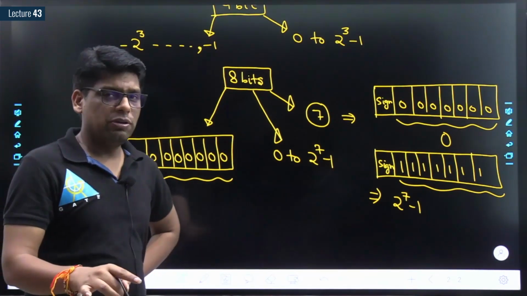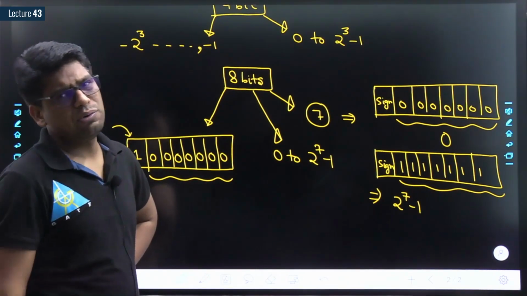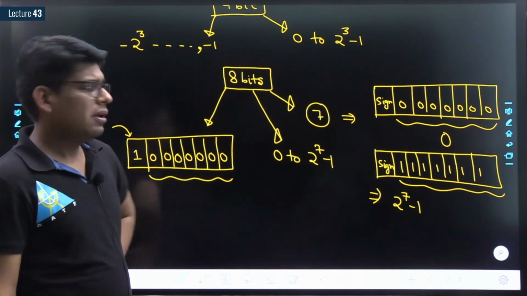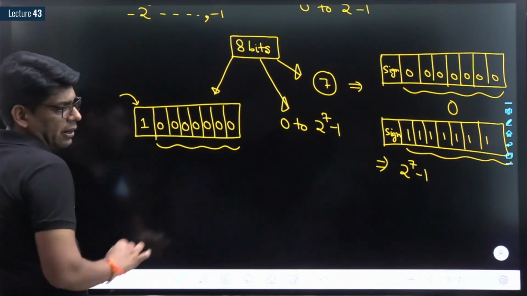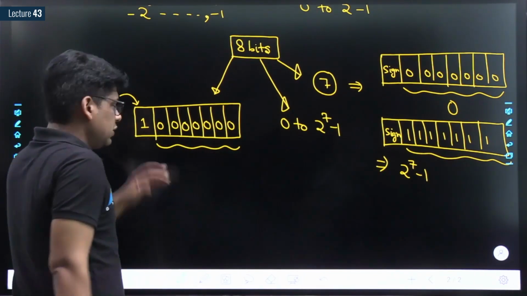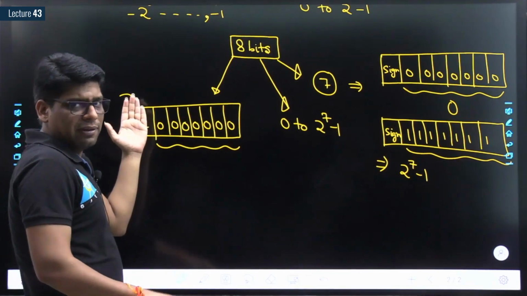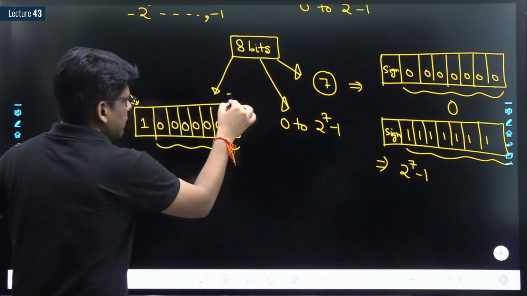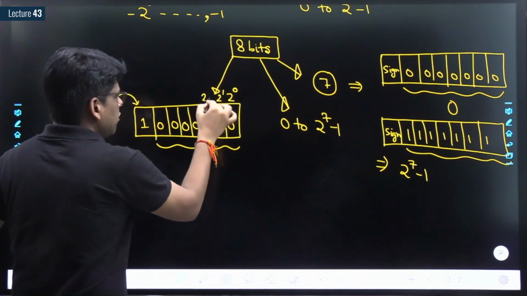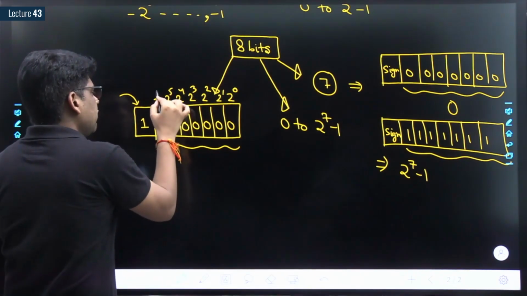Do you want to compute in 1's complement, then find 2's complement and all that? No, we don't want to compute that. In the direct method, we focus on zeros. So they are 7 zeros. Let me explain how we compute. 2 to the power 0, 2 to the power 1, 2 to the power 2, 2 to the power 3, 2 to the power 4, 5, 6.